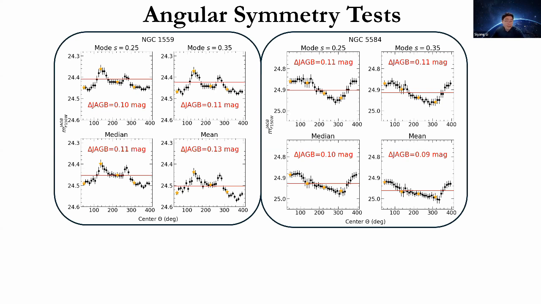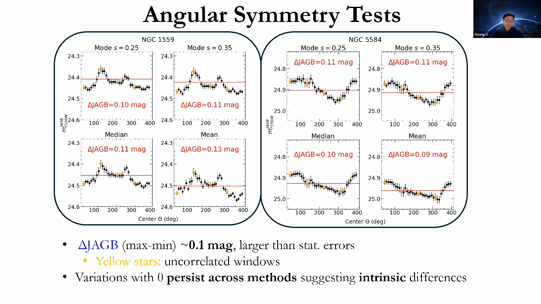We looked at NGC 1559 as well as NGC 5584 on the right. For each galaxy, we also looked at 4 different measurement types when we measure the JGB, which is plotted here on the y-axis as a function of the angle, which is plotted on the x-axis. And we immediately see that there's quite a bit of variation, on the order of about 1/10 of a magnitude from maximum to minimum.